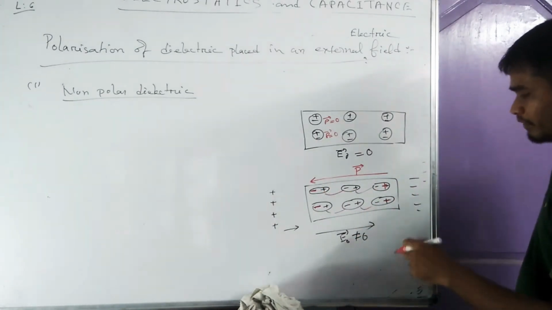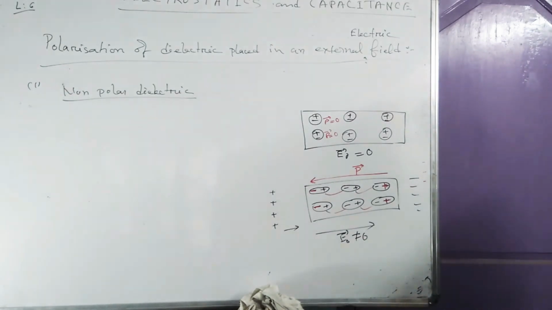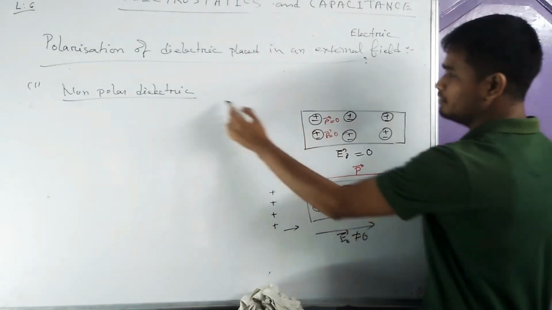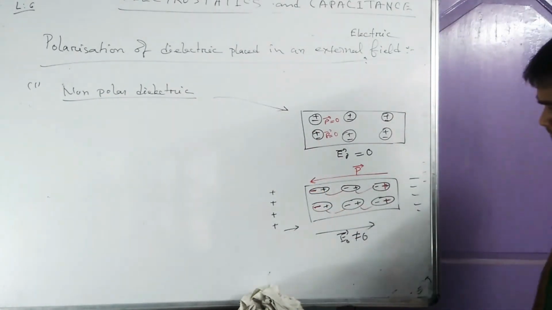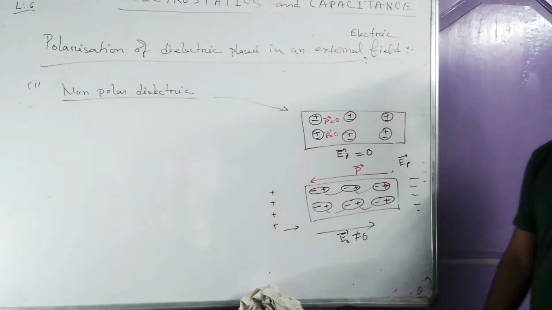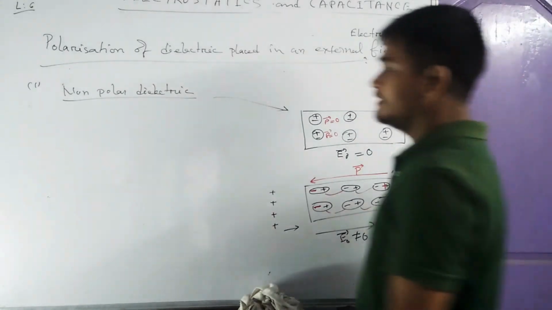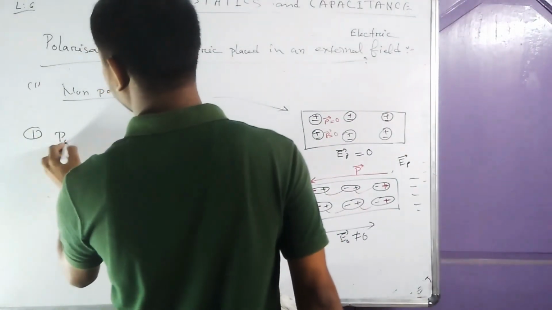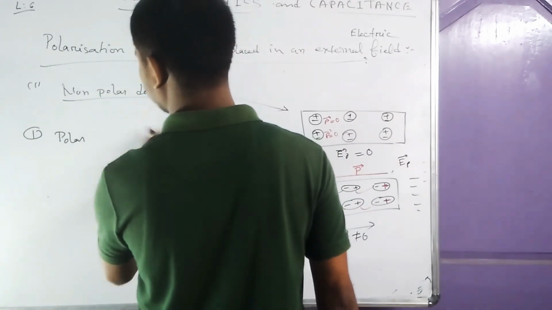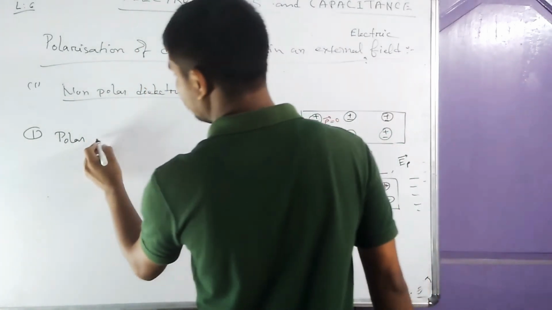This is the polarization of a dielectric placed in an external field in the case of a non-polar dielectric. Here the polarization electric field EP is produced. Fine. Next is the polar dielectric.